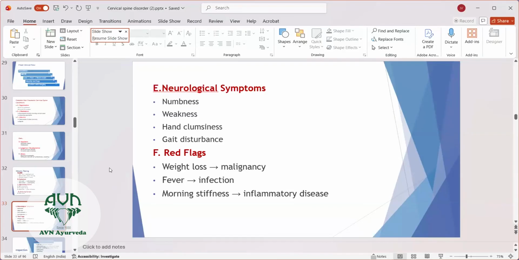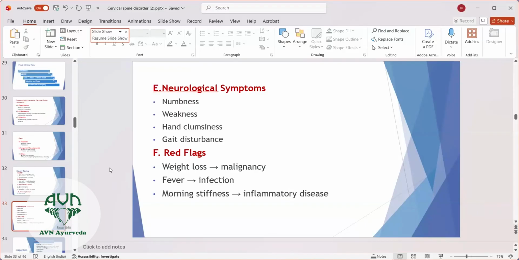Red flag signs are weight loss of the patient. It's a gradual weight loss, and we have to think whether malignancy is there or not, and evaluate accordingly. If there is any fever, sometimes in tuberculosis, an evening rise of temperature we can observe. That means we have to look for any fever, or morning stiffness.